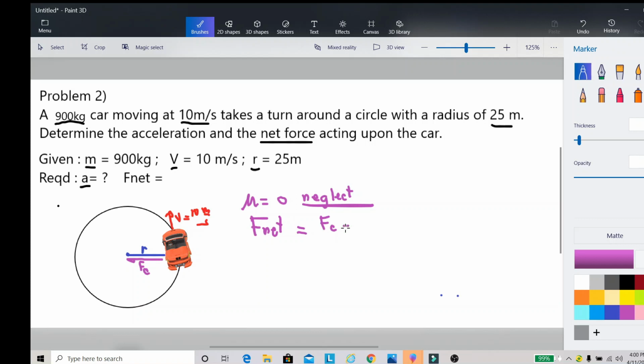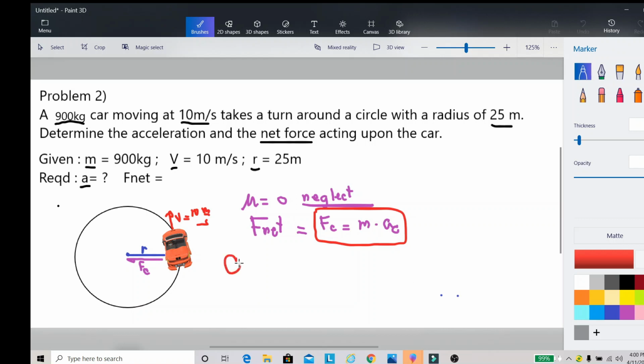Wherein F sub C is equal to the mass multiplied by the acceleration. Sabi nga natin, kung centripetal force to, centripetal acceleration din dapat to. Okay. So this is the working equation that we are looking. But before we can solve for this one, we need to solve for acceleration.